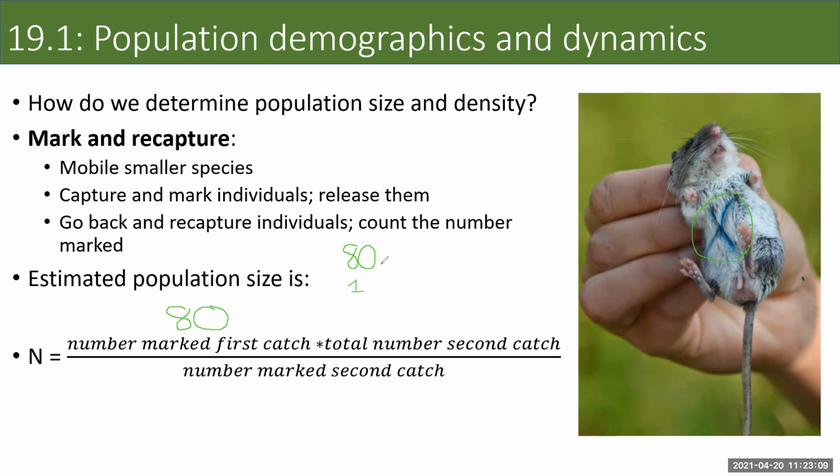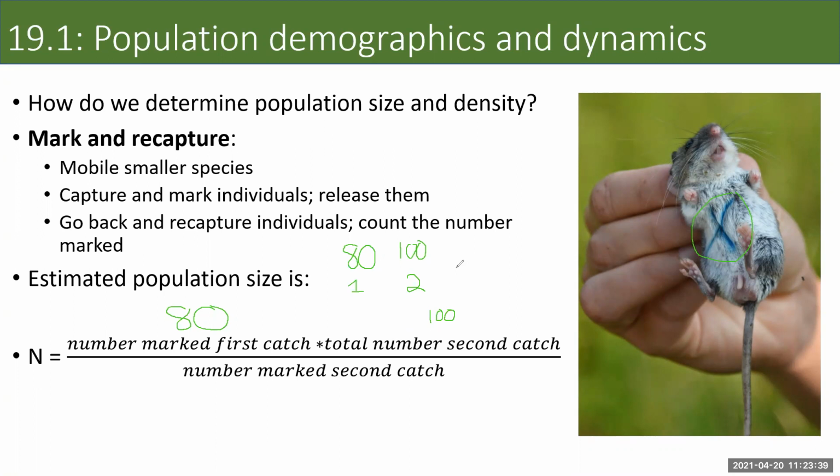Then we reset the traps that evening, and we go back on day 2. Let's say we've caught 100 individuals, so the total number in our second catch is 100. Out of those 100 individuals, we look at every one of their ears, and we see if they were snipped from the previous day.